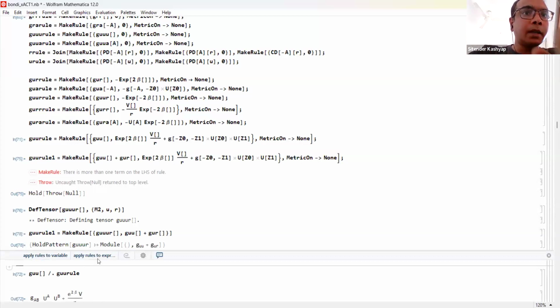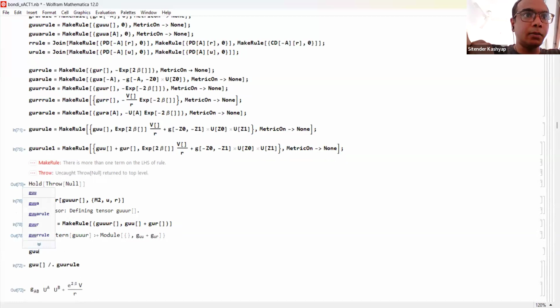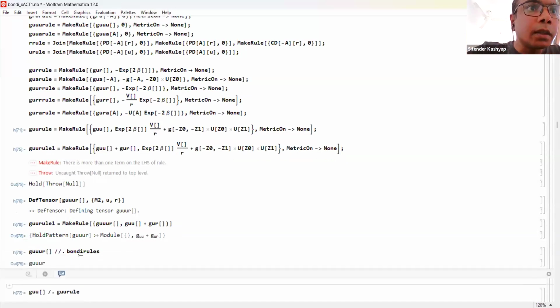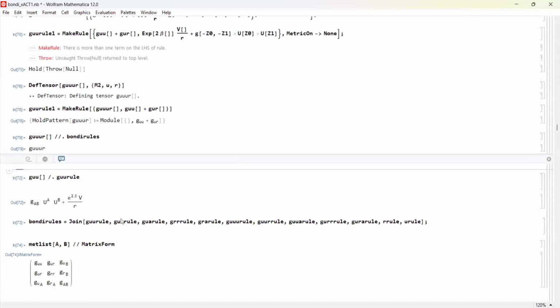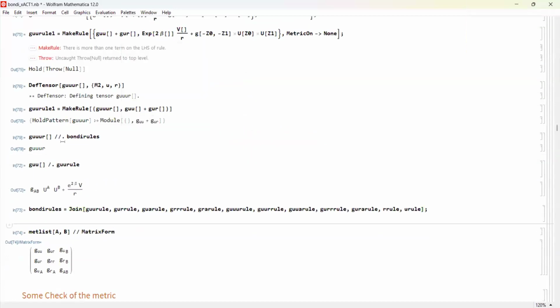Okay, but we already know what the rules are. So for example, let's say the GUU rules. So now let's say Bondi rules. Sorry, G. And this is slash dot, not double slash.